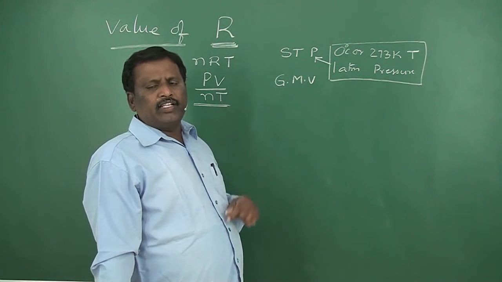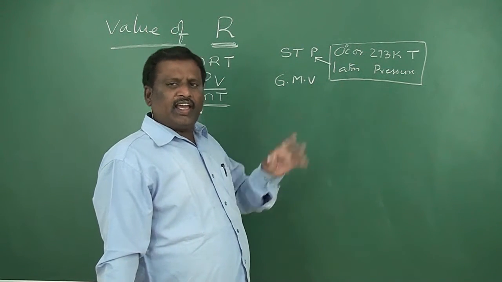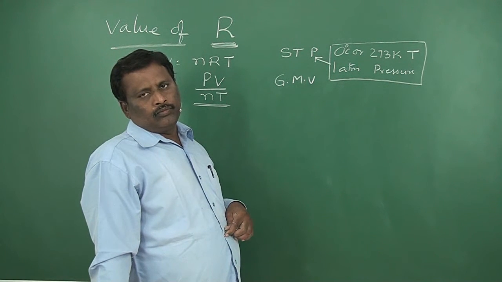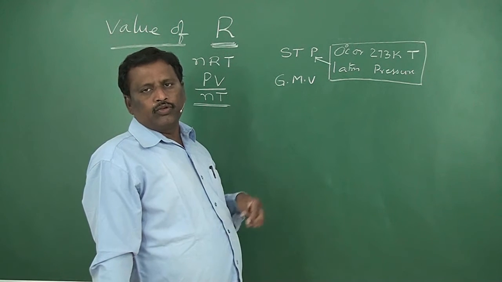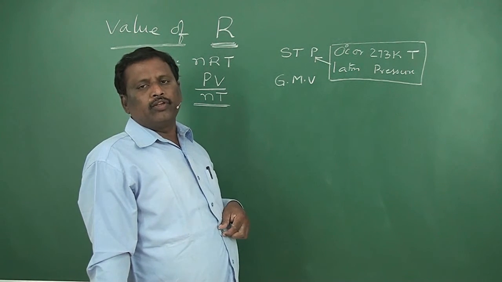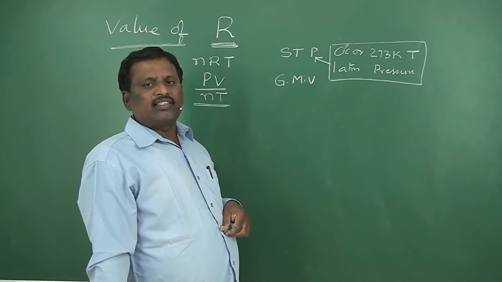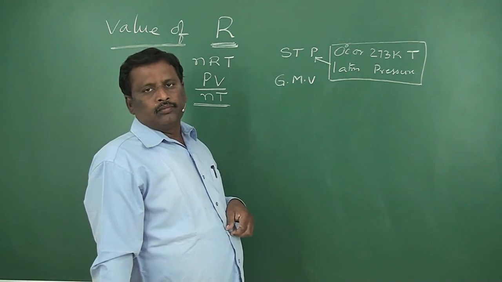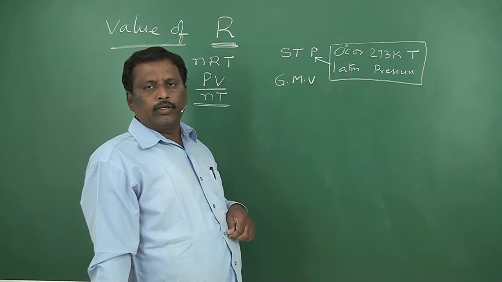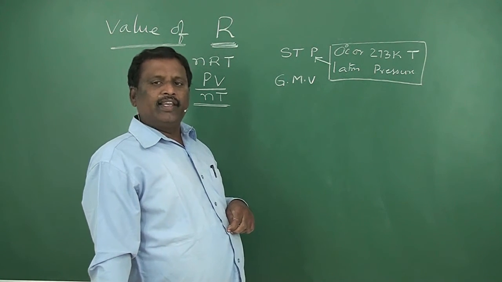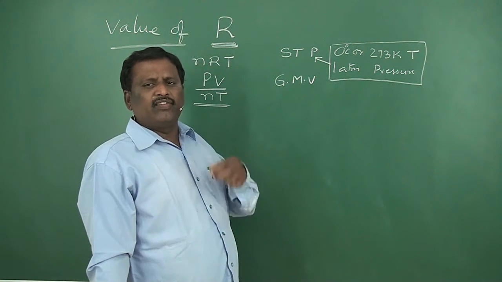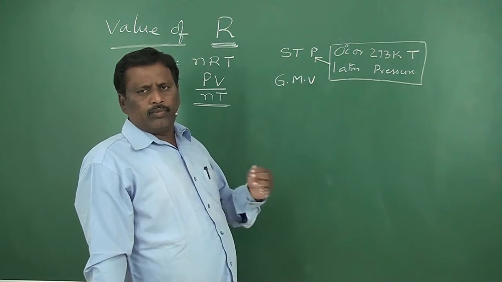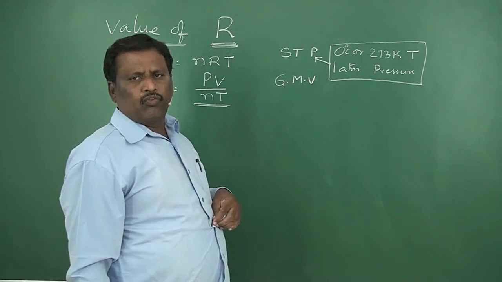Now, at STP conditions, 1 mole of any gas will occupy 22.4 liters. In modern methods, instead of 22.4, they are using 22.71 also. In some books, you are getting 22.71 liters. So you will get a slight difference in the solutions. Now at present, let us consider it as 22.4.